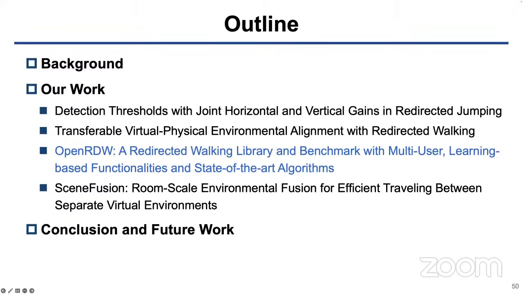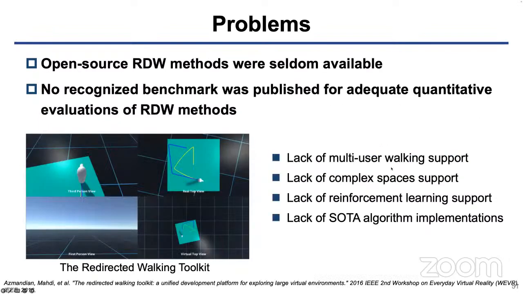The third work is about a platform for redirected walking. We have noticed some problems in the redirected locomotion field: open source methods were seldom available, and there is no recognized benchmark published for quantitative and qualitative evaluation of the methods.